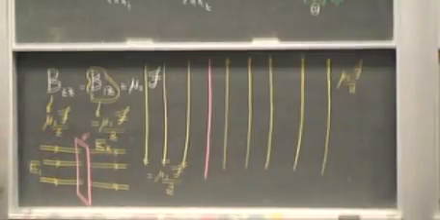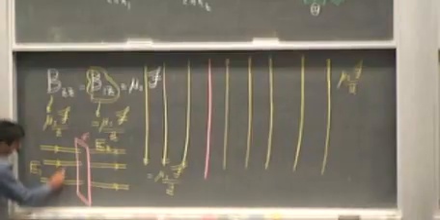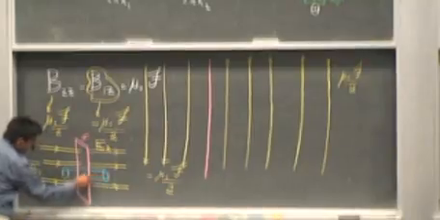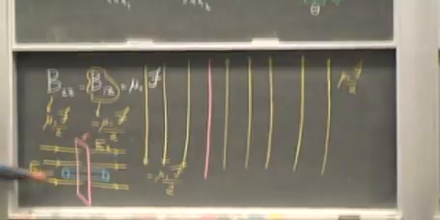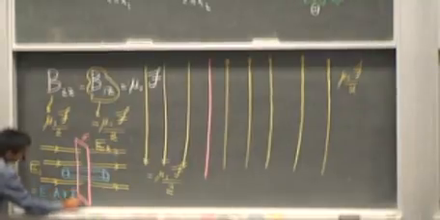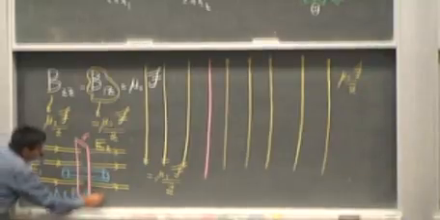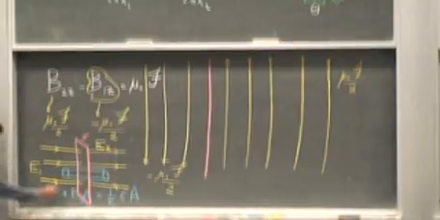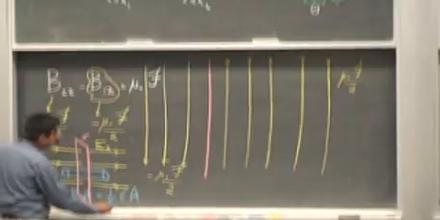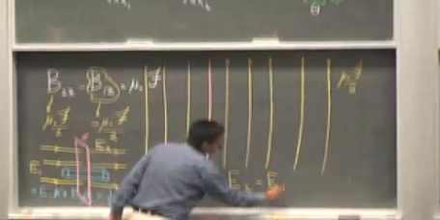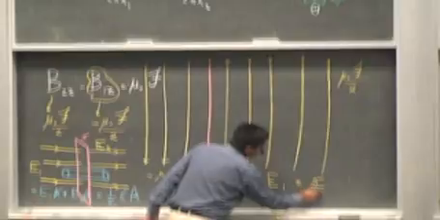Then we know from Gauss's law that if I draw a Gaussian surface like this, then I will have minus E1 A plus E2 A must equal 1 over epsilon naught sigma A. The A's will go away, and I will be left with E2 minus E1 is equal to sigma over epsilon naught.